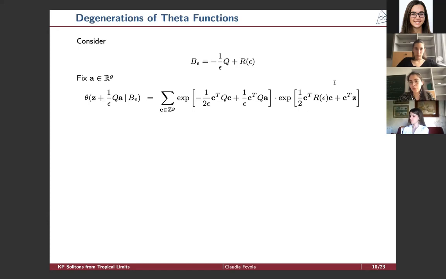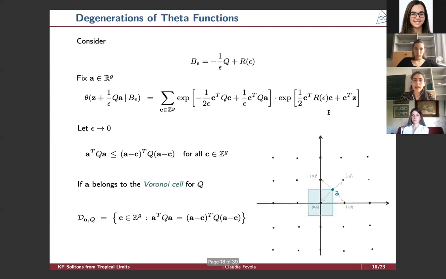And this is the way in which the function will look like in this case. And so what we want is that for epsilon that goes to 0, we want this first term to converge. And this is the same as asking that this inequality holds for all lattice points.